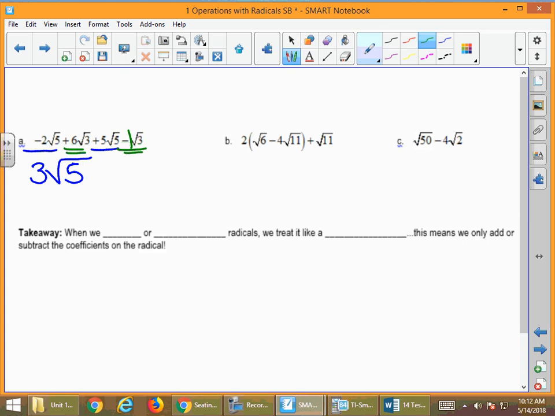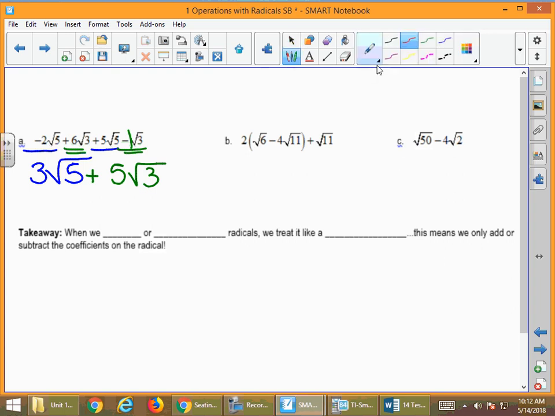The number in front of square root of 3 is a 1 when nothing's written. It's out of sight and out of mind sometimes. So I want to stress that 6 minus 1 is 5 radical 3. That's all we can do to add those two together. Nothing else. We took the values that had the same radicals.